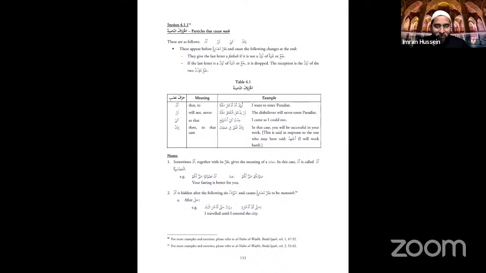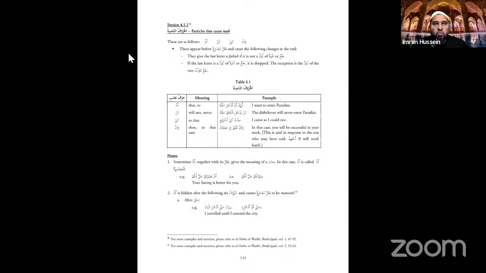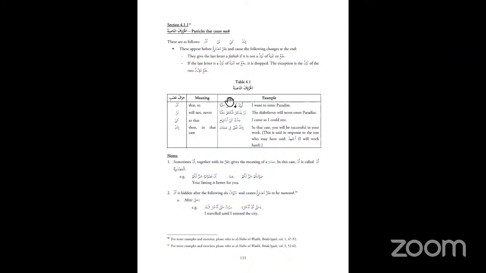So remember, the first one is when we say yadhribu, what's happening to the last letter, the ba on yadhribu? It's got a fatha. Exactly. So when a verb takes a fatha, or in the dual and plural the noon with the kasra is dropped, it's called halatun nasb.